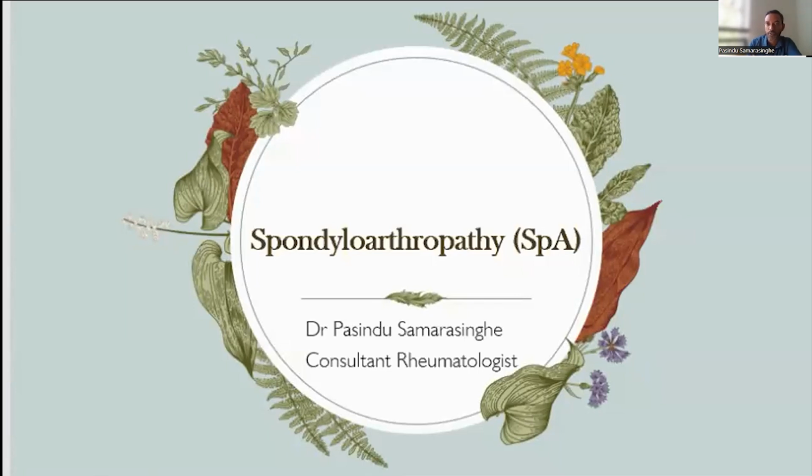Before we go ahead, I would like to explain the terminology. Spondyle, I think everyone knows, is vertebra or spine. We have these closely related terminologies like spondylosis, spondylitis, spondylolisthesis.